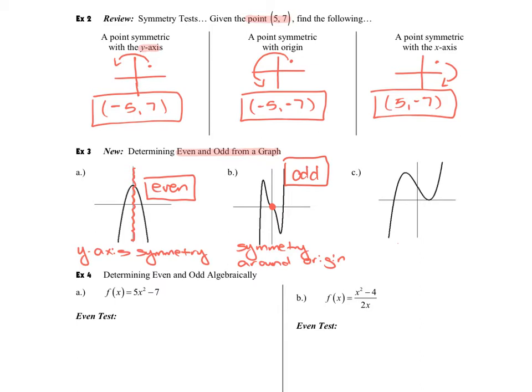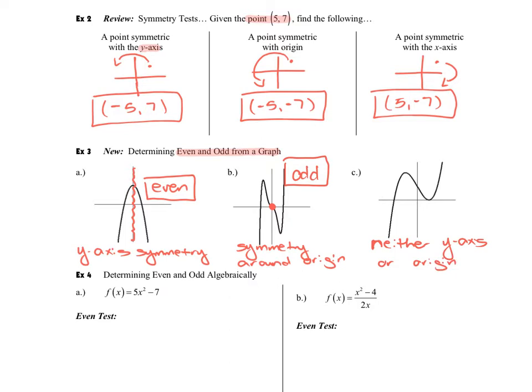Now we can imagine that there are lots of graphs that don't fall under either of these types of symmetry. For example, in example 3c, we can see that this has neither y-axis nor origin symmetry. And that's okay.